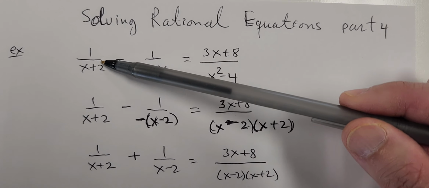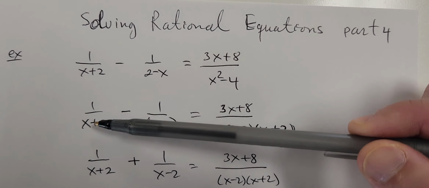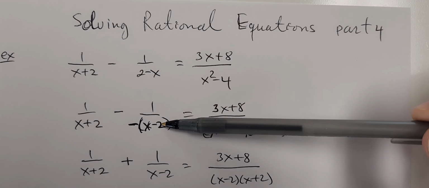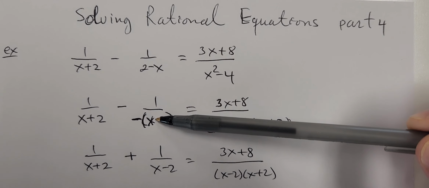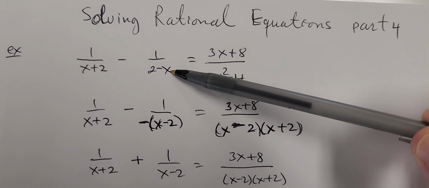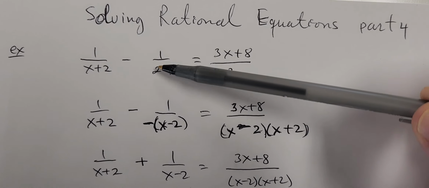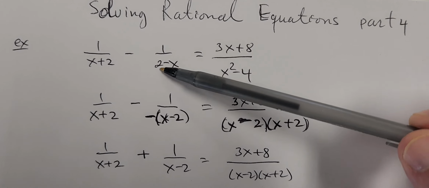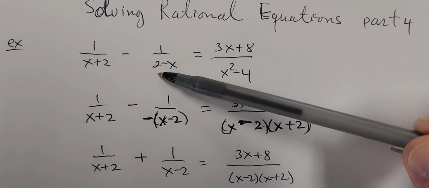In the first fraction, there's no change because the denominator is already factored. The second fraction will be changed, and this is the change. I want the variable to be in front and the number in the back, so I am only switching the positions.